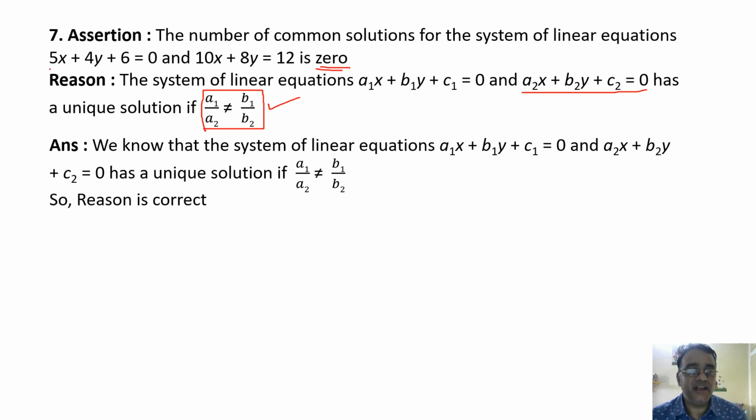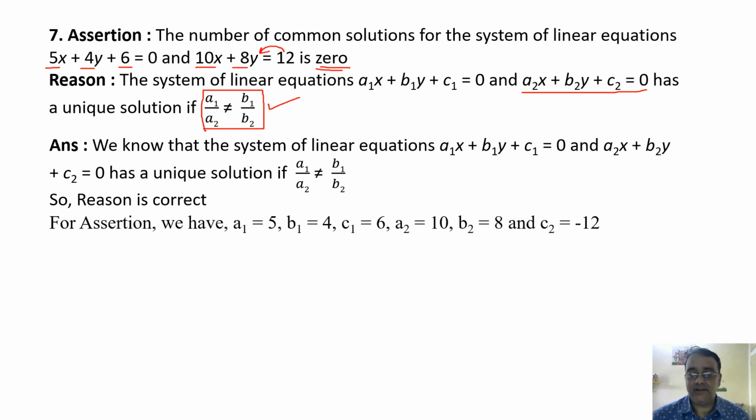So assertion में a1 5 है, b1 4 है, c1 6 है and a2 is 10, b2 is 8 and c2 यहाँ shift करेंगे 12. Okay, right. So now we'll check for a1 by a2. 5 by 10, so it will become 1 by 2. b1 by b2. So this is also 4 by 8, 1 by 2.